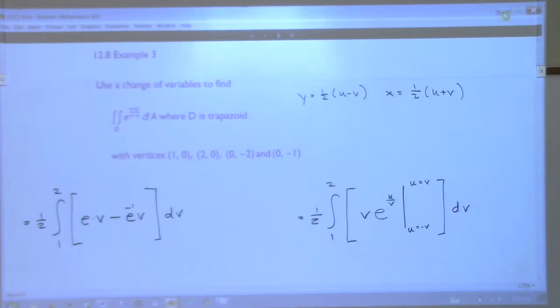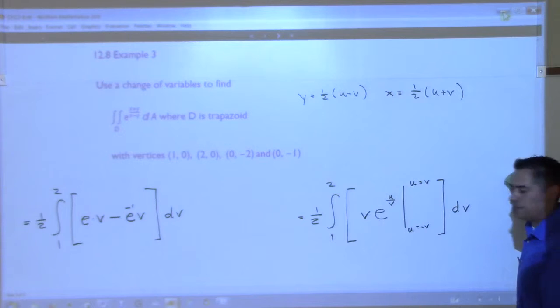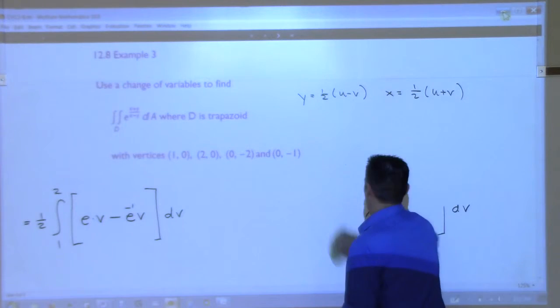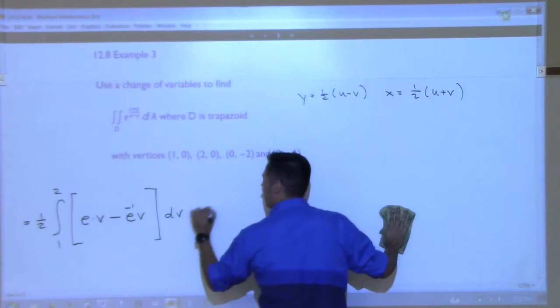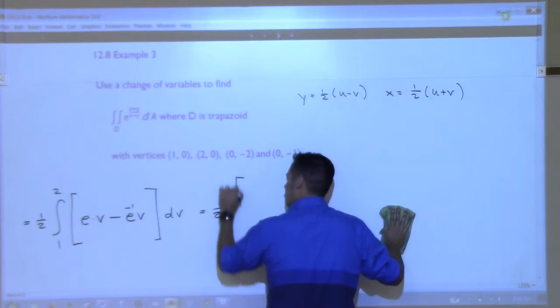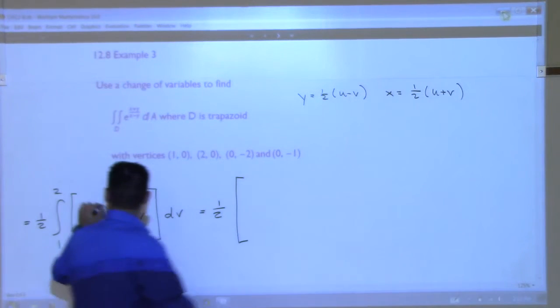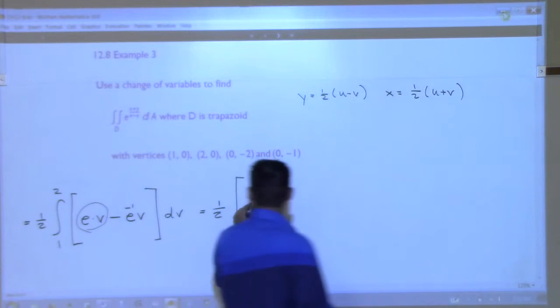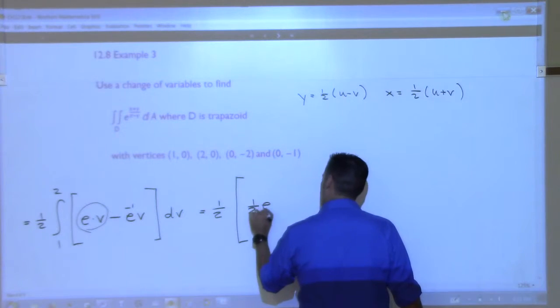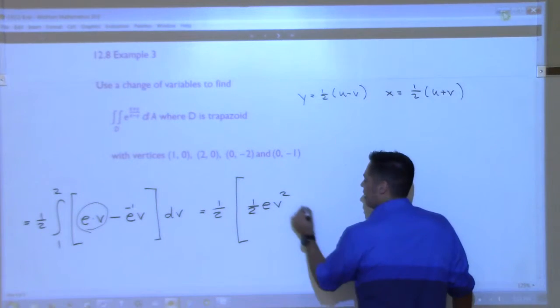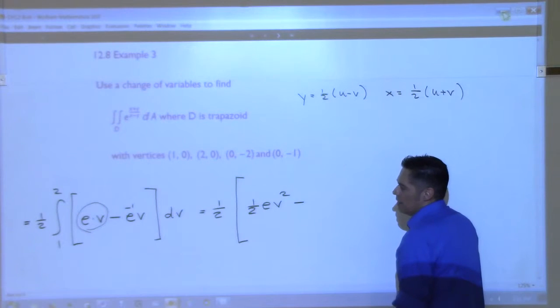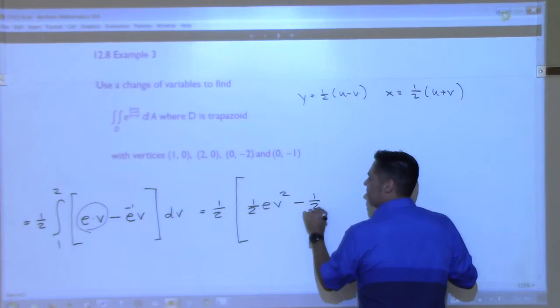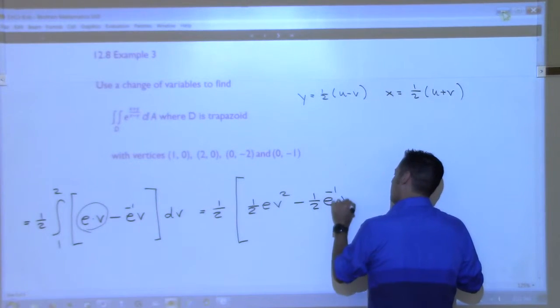Integrating that with respect to v now. So this becomes 1/2. The antiderivative of this is what? E to the v squared over 2, or 1/2 e v squared, however you want to do it. 1/2 e v squared, and then minus, same thing, right? 1/2 e to the -1 v squared.